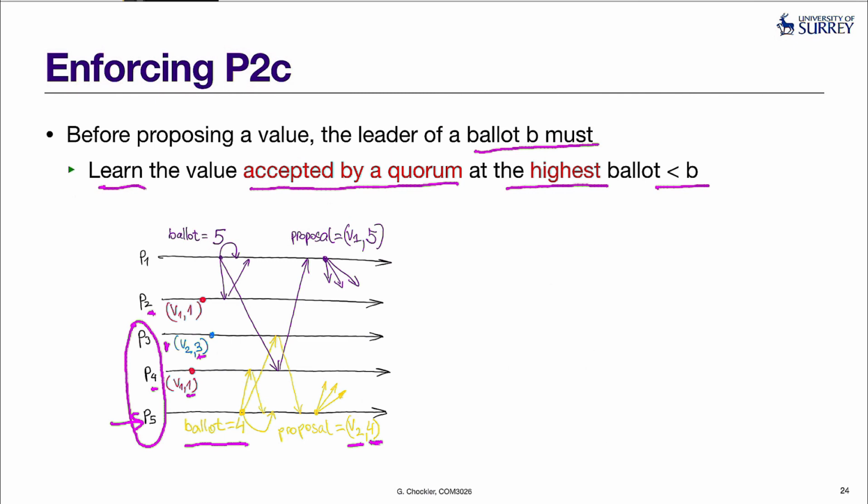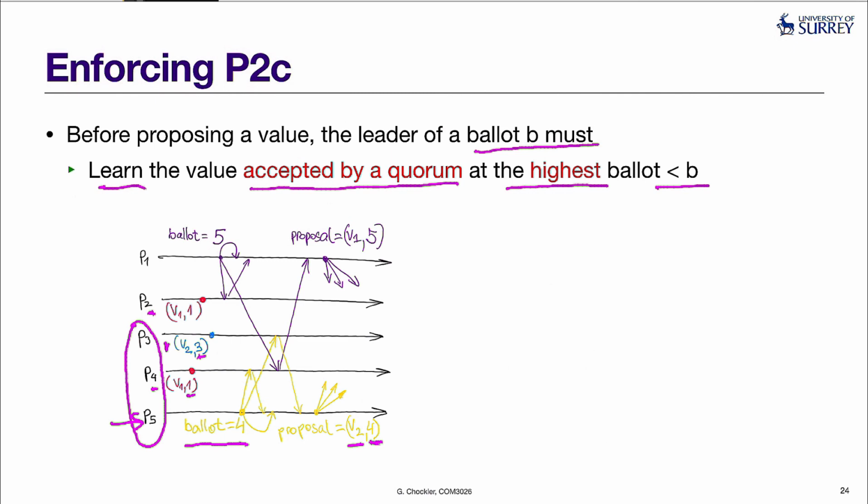So it needs to query a quorum in order to find out which value was accepted by a quorum at the highest ballot lower than its current ballot. But this is not enough. And why is it not enough?